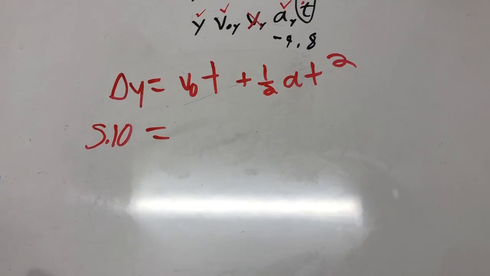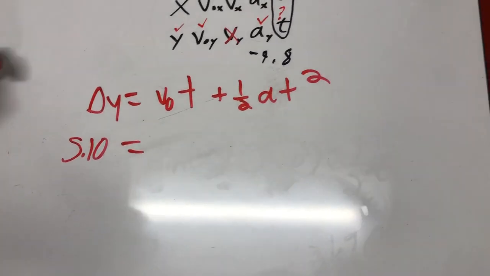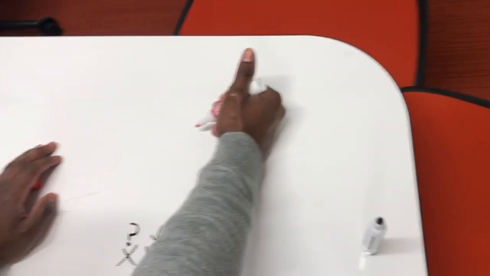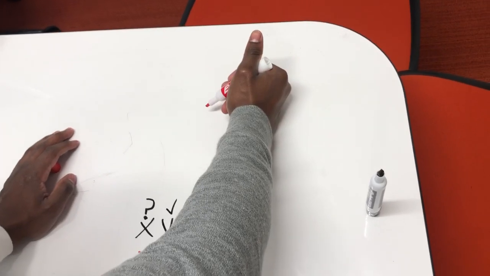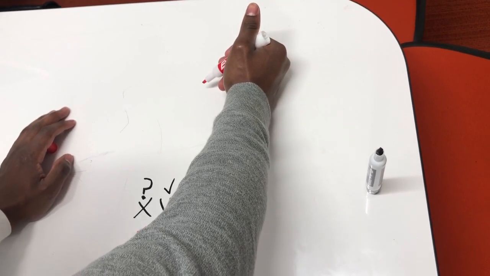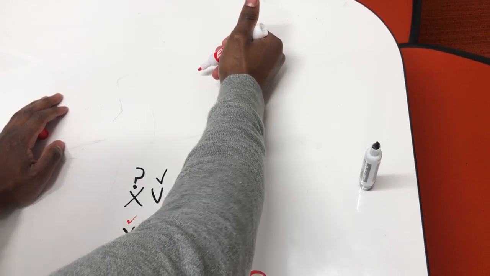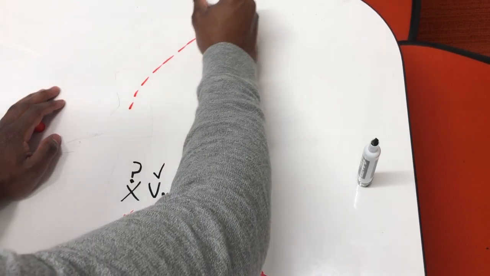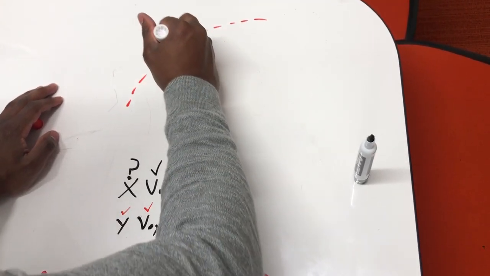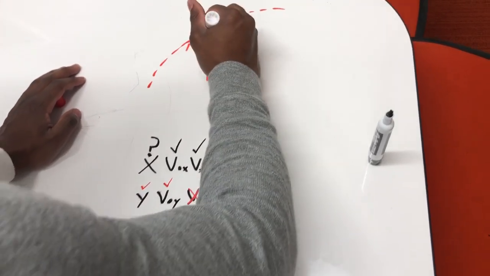It might help to draw the triangle again. Triangles like that. This is your angle.